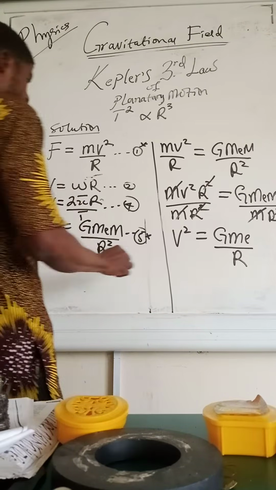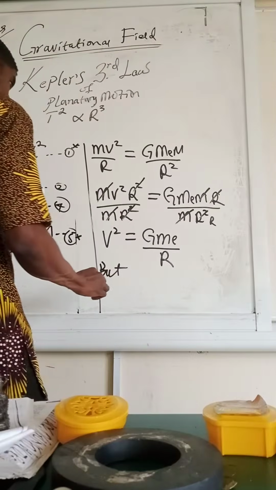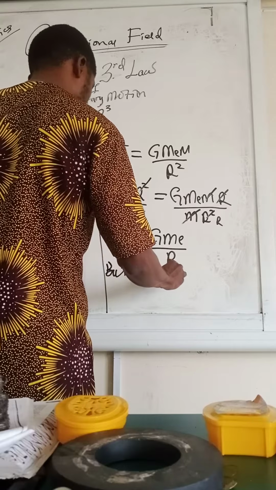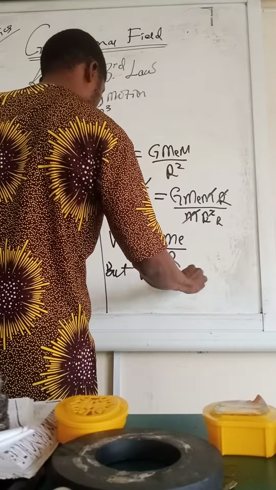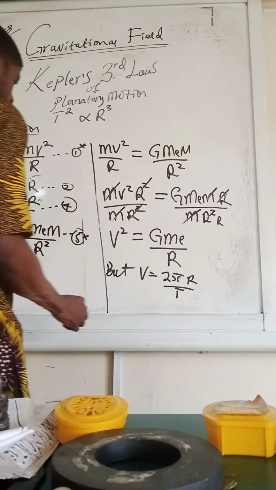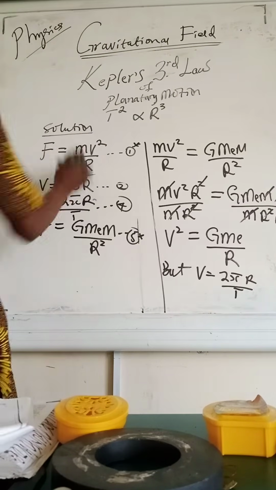But our v is equal to this. So now we can write, but v is equal to what? 2 pi r all over T. So we are going to clean this side and rewrite.